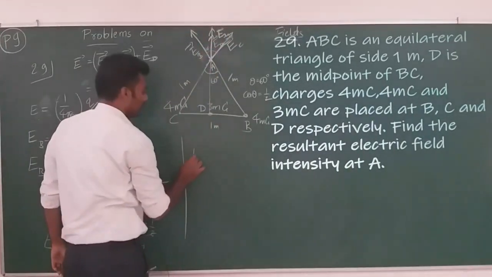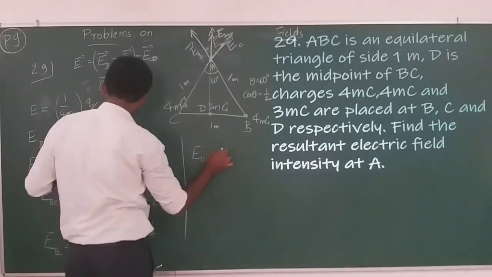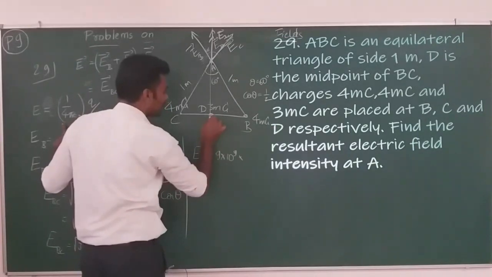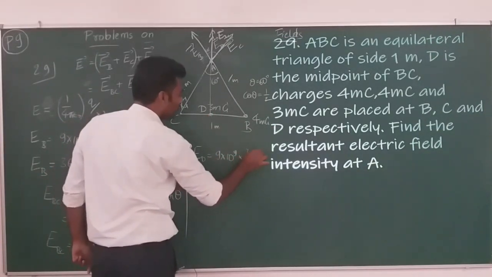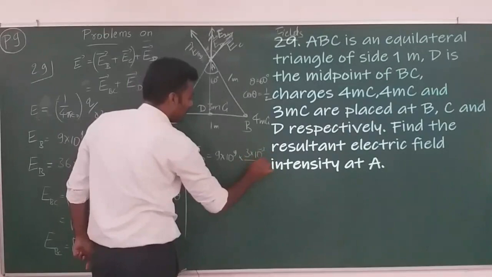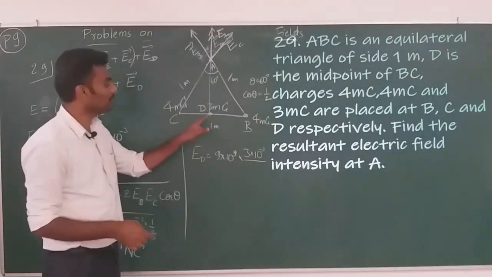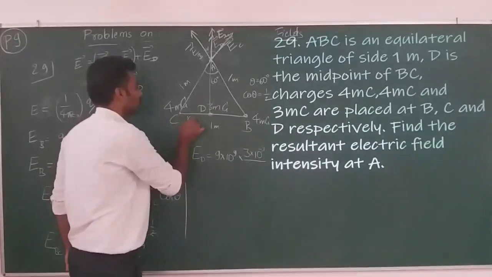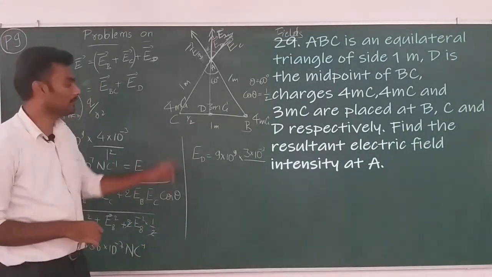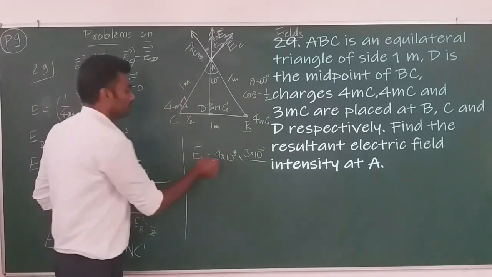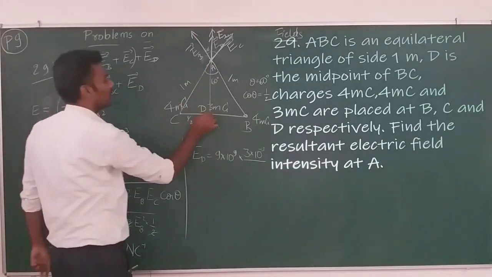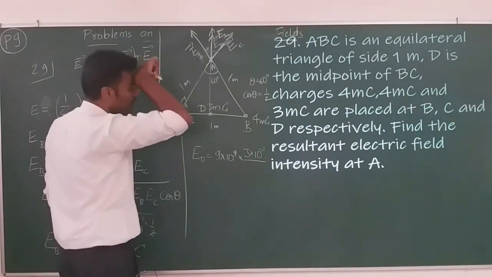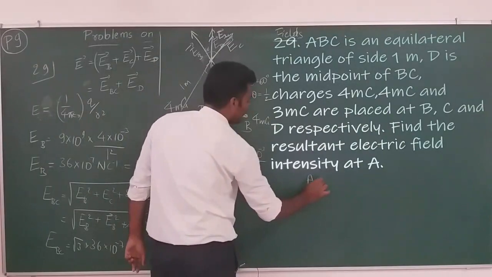ED is equal to 1 by 4 pi epsilon naught, 9 into 10 to the power of 9, into the charge at D, which is 3 millicoulomb, divided by the distance from D to A squared. AD, using Pythagoras theorem, you can obtain the value of AD.